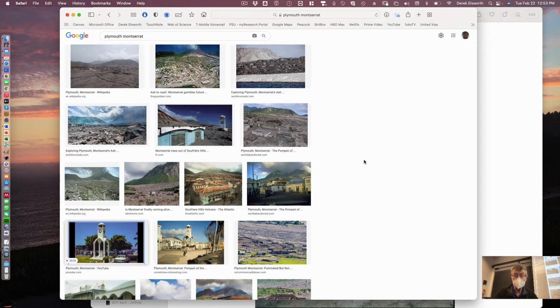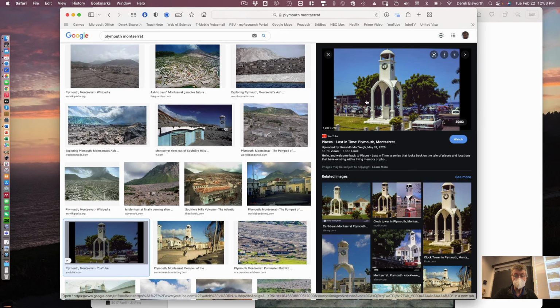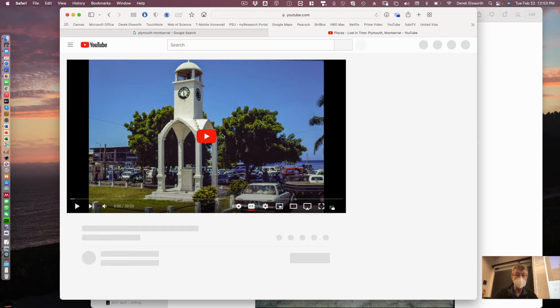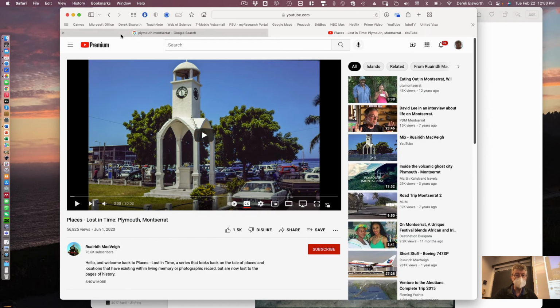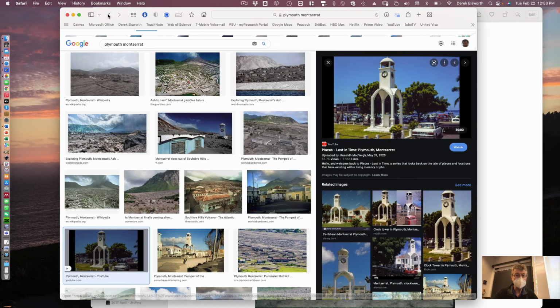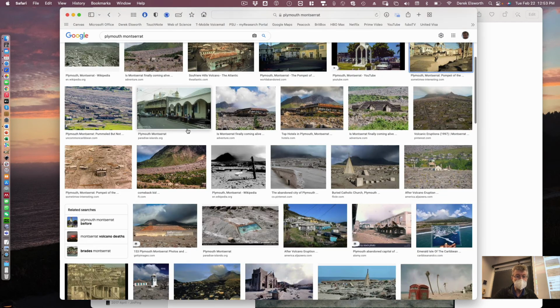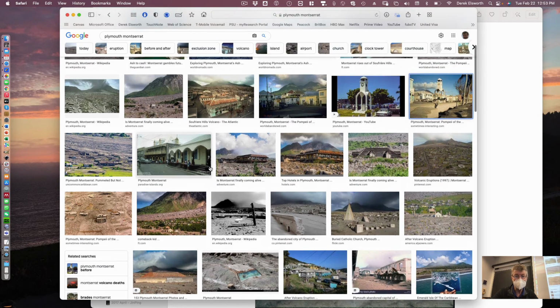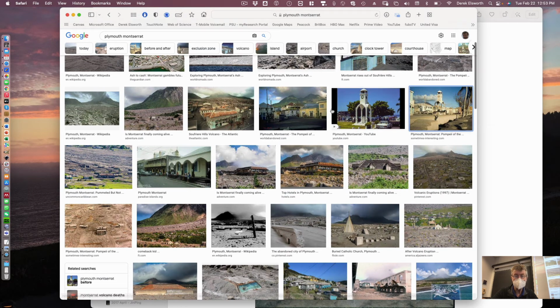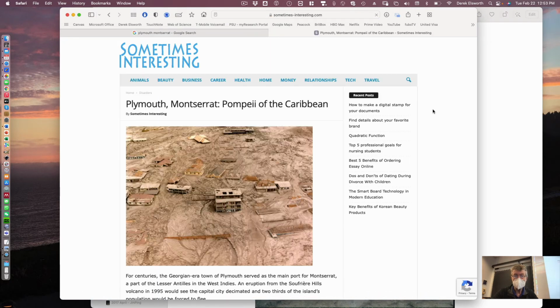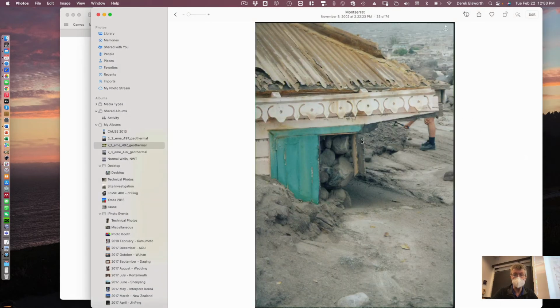This was what Plymouth looked like in 1995. It was a beautiful, pristine island. But if you look at this clock tower... Okay, I guess I can go to my pictures for the death and destruction part.